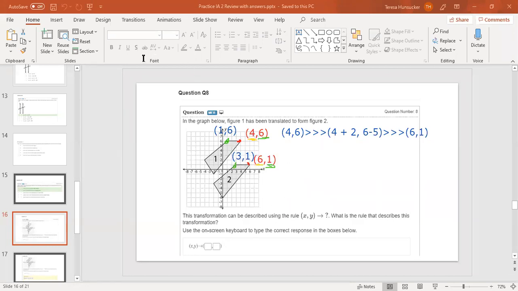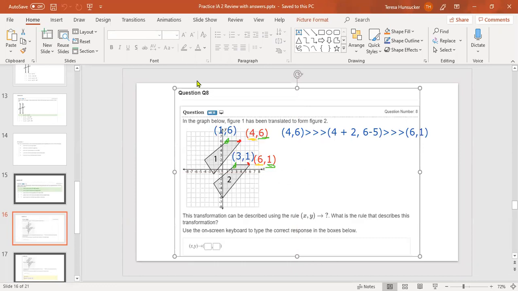Okay, so what kind of change has occurred? Well, again, I can say if we went from the point 1, 6 and we added 2 to our x coordinate and subtracted 5 from our y coordinate, we would end up with the image of 3, 1.